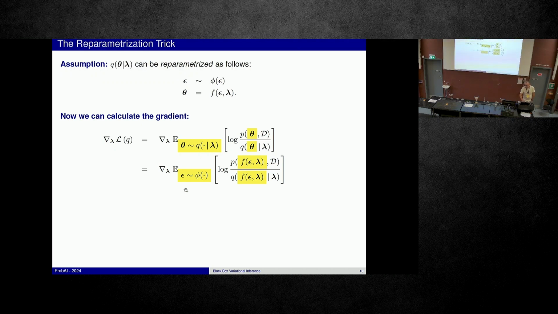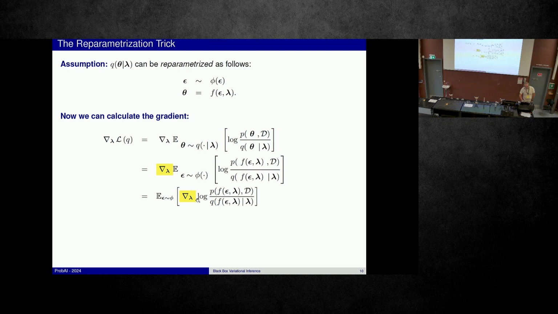And now, of course, this expectation is not related to lambda, so now we can switch the ordering of these two operations. We can take the gradient inside the expectation operator without making any problems for ourselves, because this one is unrelated to lambda.